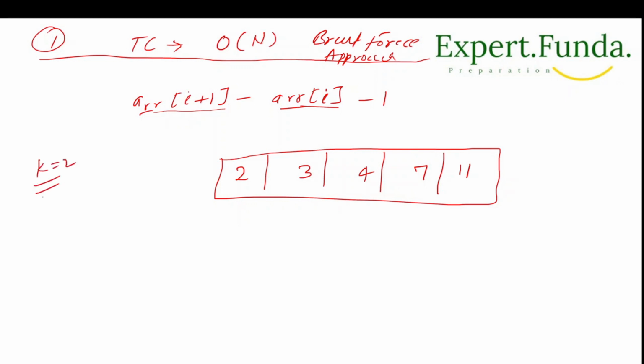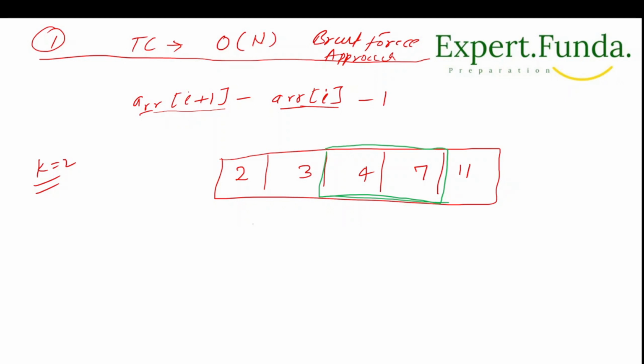The kth missing number is somewhere between, let me change the color of the pointer so you will understand, between 4 and 7.